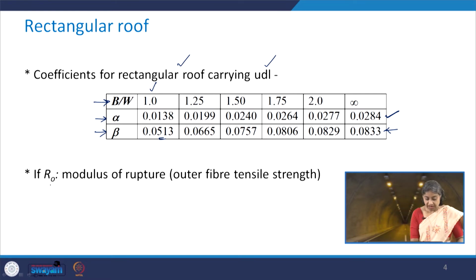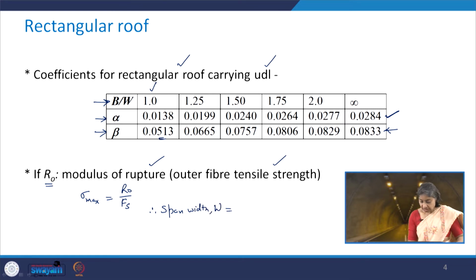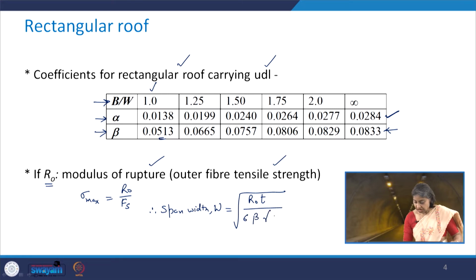Now, if we define R naught as the modulus of rupture, which is the outer fiber tensile strength, then sigma max is equal to R naught upon the factor of safety, and therefore the span width W can be written as the square root of R naught into T divided by 6 beta gamma into factor of safety Fs.